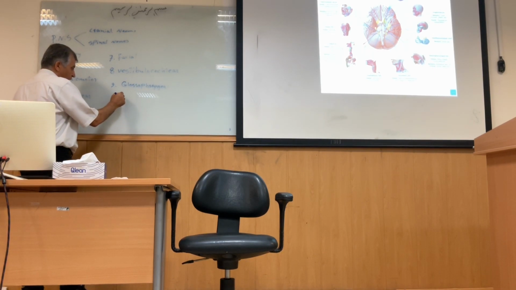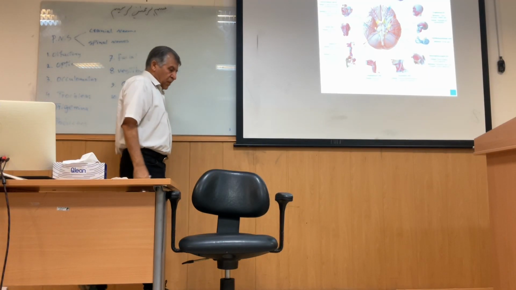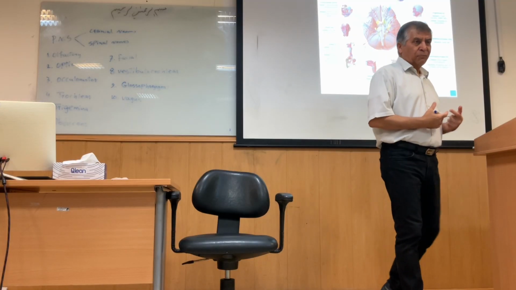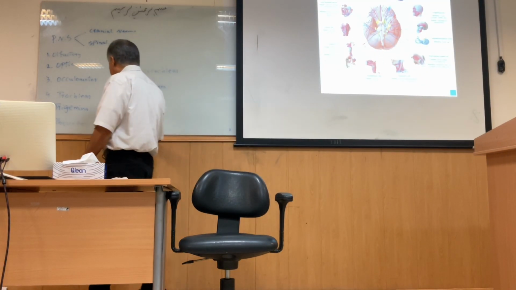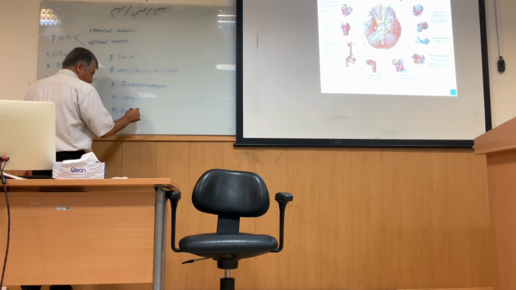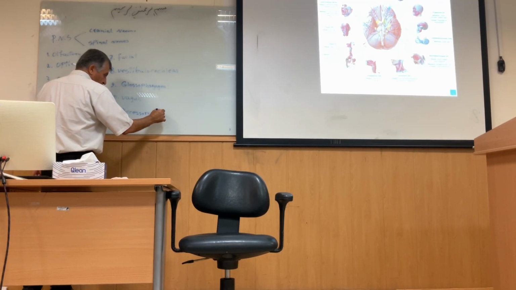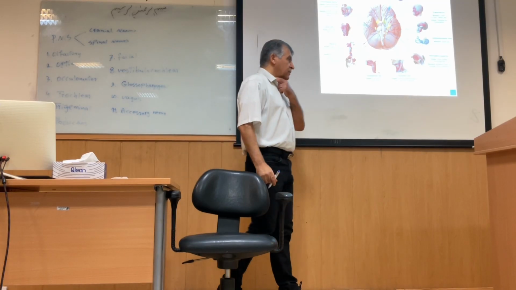10 is vagus nerve. Innervate all organs in the thorax and abdomen. 11 accessory nerve. Accessory nerve is just a motor nerve innervate this muscle.